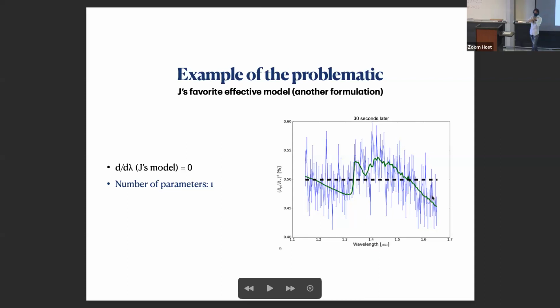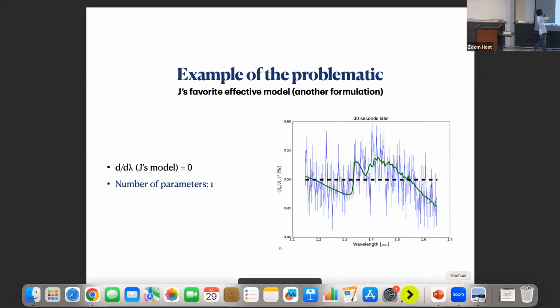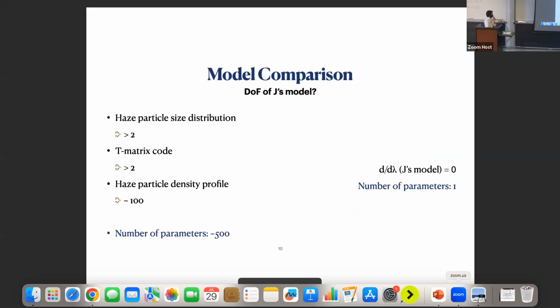500 parameters for Jay's model can all be condensed into this model here that I came up with. So basically, your model is just a constant across wavelength, and the number of parameters of my formulation is 1. So the question is, for the exact same model, at least on the data, what is the right number of parameters to choose?